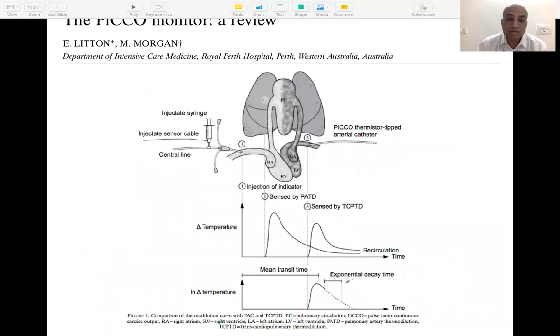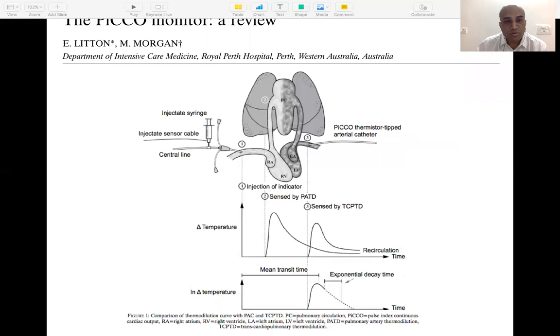Next, from the pulmonary artery catheter we can use the thermodilution technique. In case of PiCCO, we can do the transpulmonary thermodilution technique, where the indicator in PiCCO is cold saline.